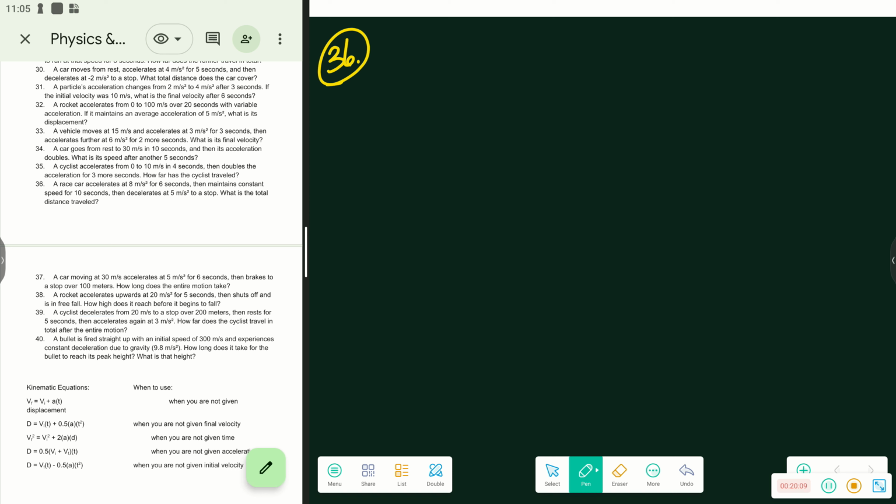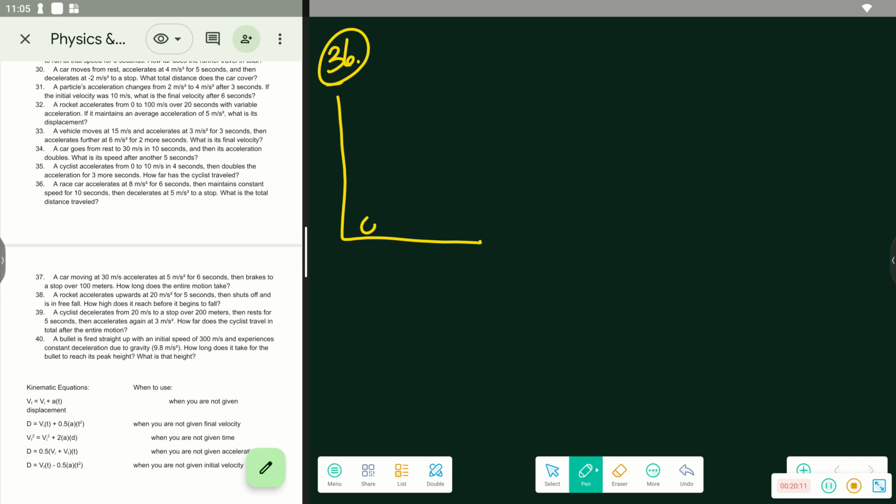So let's look at this. The race car accelerates, starting from rest, at 8 meters per second squared for 6 seconds. We don't know what the final velocity is.